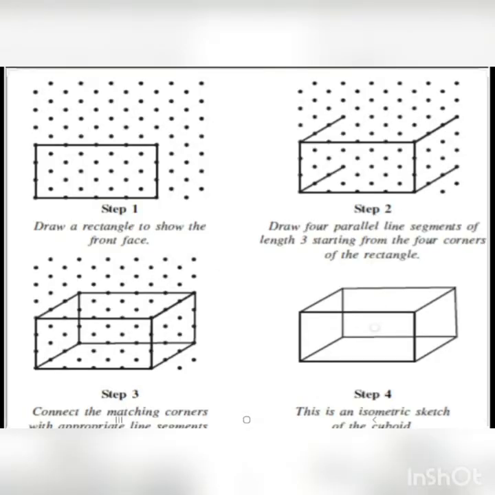We can trace a cuboid on this isometric paper. So first I draw a rectangle here, then draw equal measurements here. 3 units, I took 3 units here, here and here and here. So that is 4 sides. Now joining here and this side, we have got a rough sketch of a cuboid.